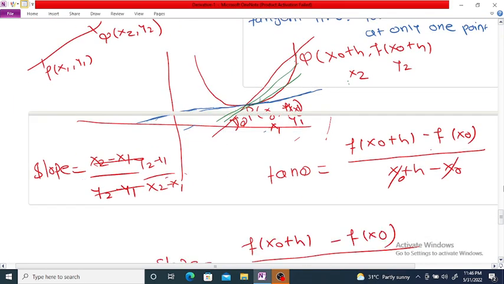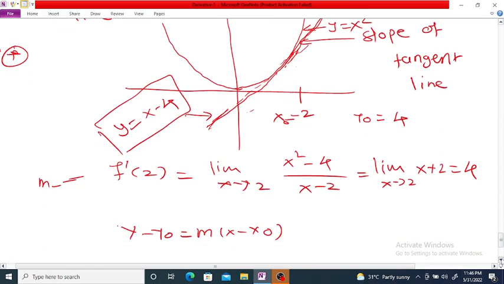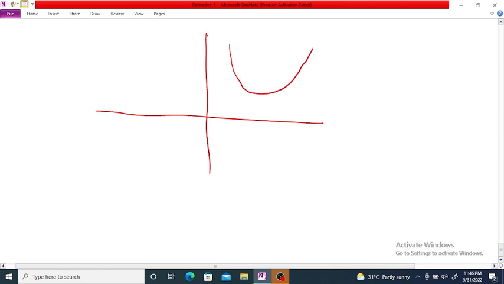Okay, I'm going to explain this one more time. Here it is the curve. Suppose this curve is given, and suppose this is the secant line passing through two points. If it is passing through two points, then it is called a secant line.